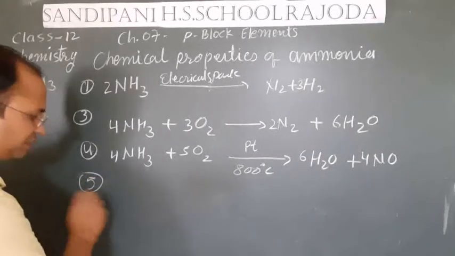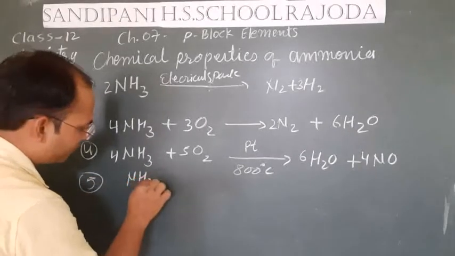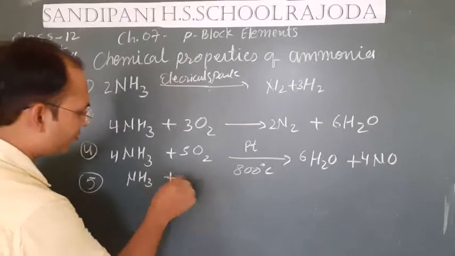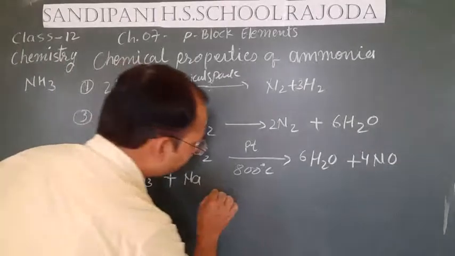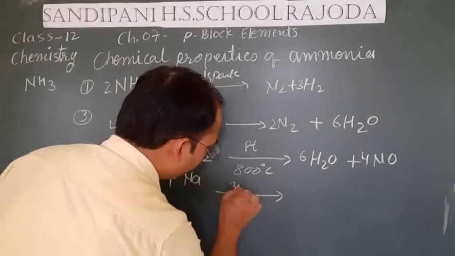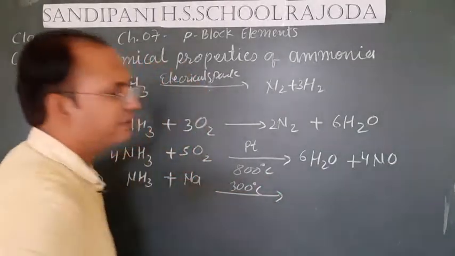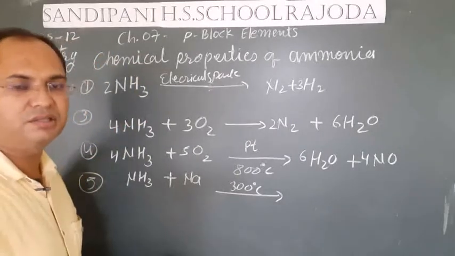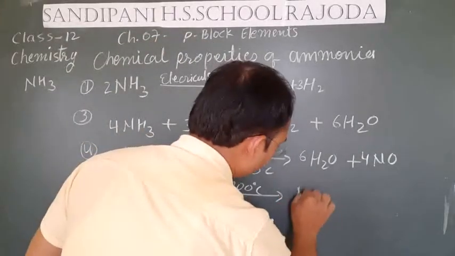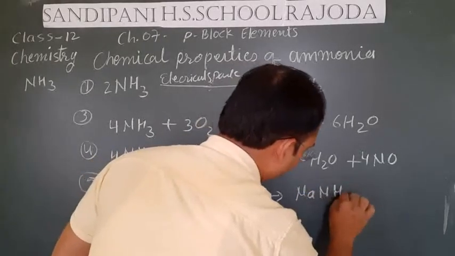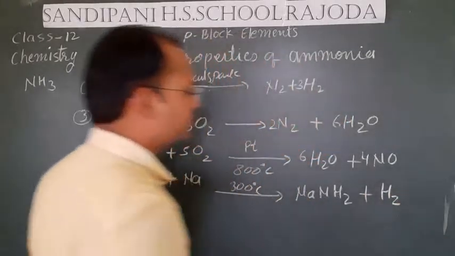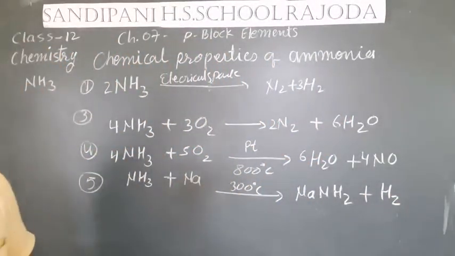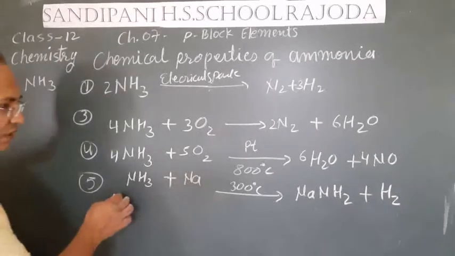The fifth property is when ammonia passes over sodium at a temperature near about 300 degrees Celsius, then sodamide, the formula of sodamide is NaNH2, is formed along with one extra hydrogen molecule.